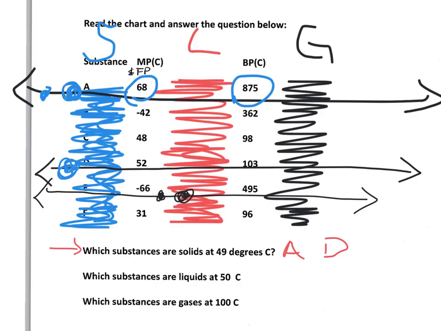E, negative 66. Be careful. There's a negative sign there. 49 falls in the liquid range. And same with substance F. Be mindful of the negative signs and where they fall on a number line. So now you know how to read a melting point and boiling point chart.